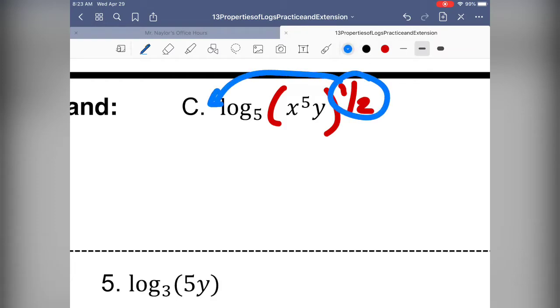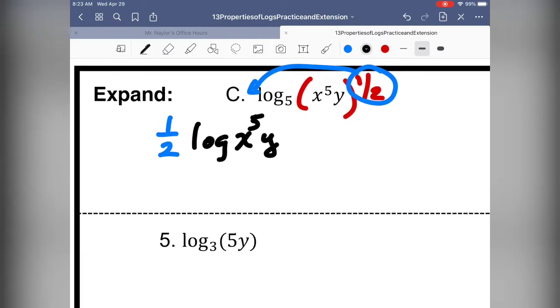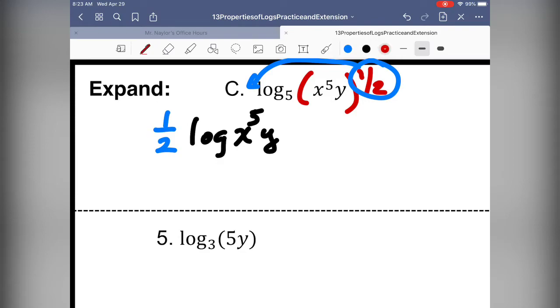So we're going to end up with a 1/2 in front of our log of x to the 5th y. Now notice that that was the first thing that I did, that I actually brought that exponent down as a coefficient. The reason that that was the first thing I did is because now I'm going to be able to deal with these two terms. And you want to recognize that since there's two terms, you're going to end up with two logs.